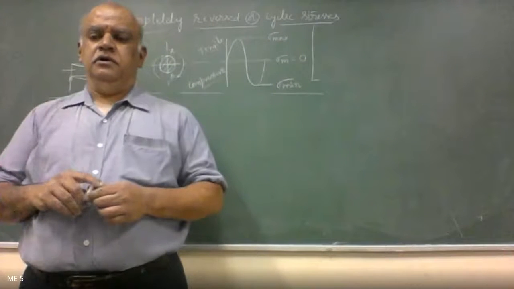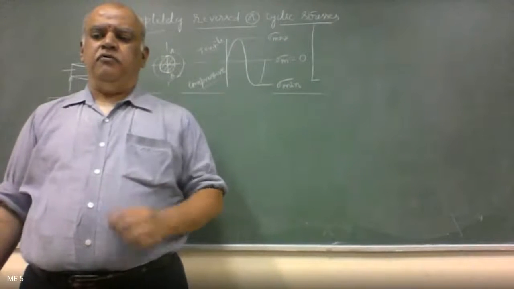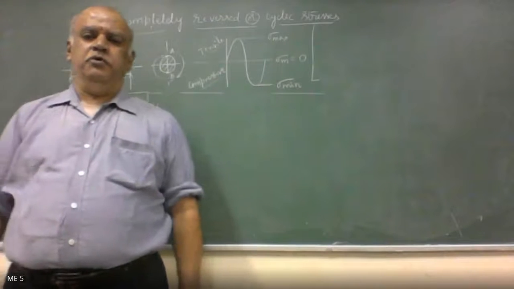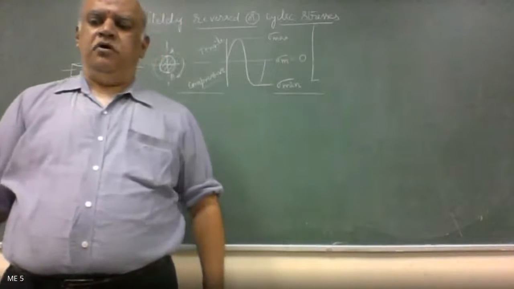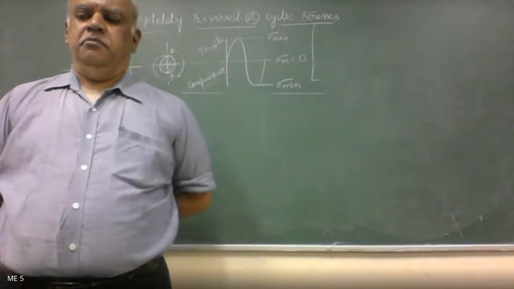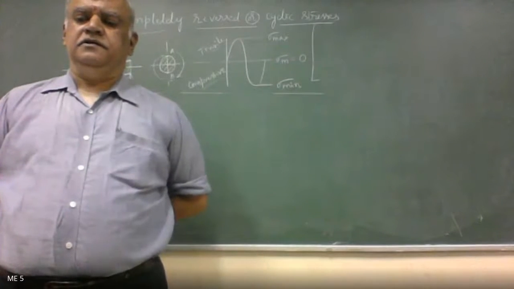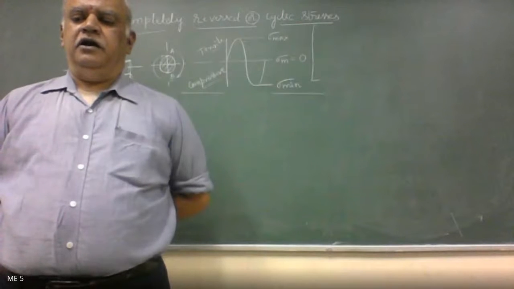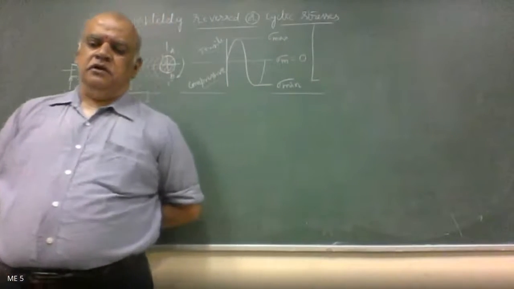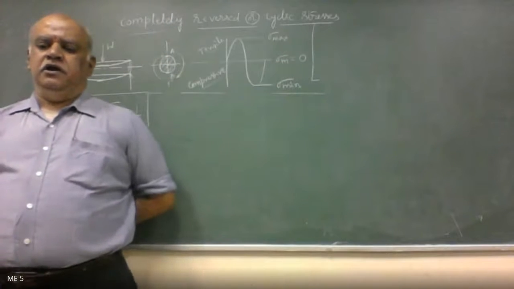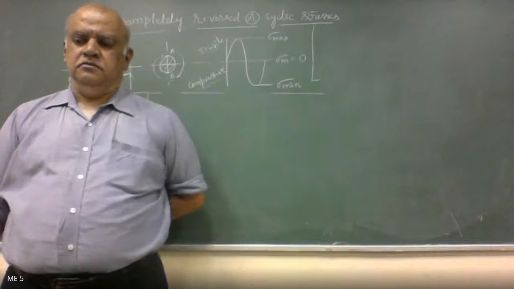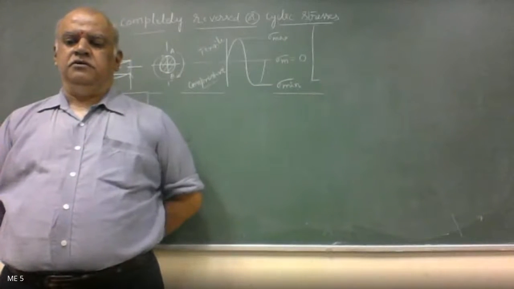Full stop. The bore, B-O-R-E, of cylinder is 500 mm in diameter, full stop.